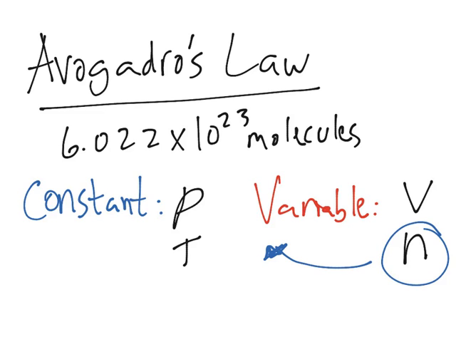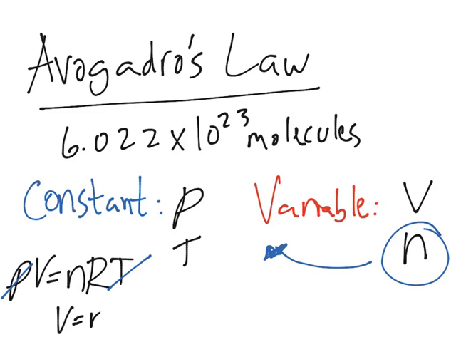So now let's actually use the ideal gas law to see how the relationship would be. So we have this and this constant. So the volume is equal to the number of moles, which means that they are proportional. And as the volume increases, so will the number of moles, and vice versa.